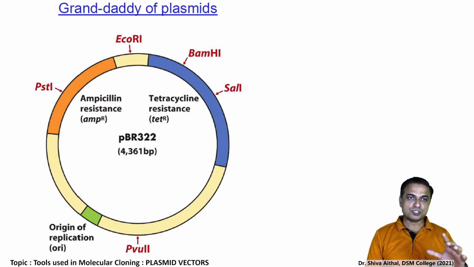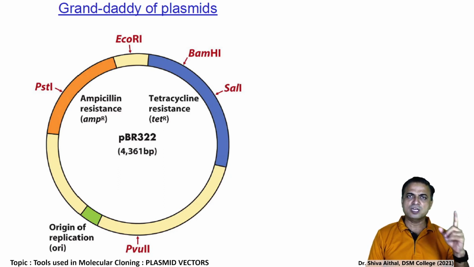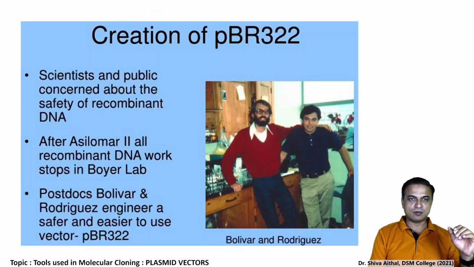There should not be a question about why this old plasmid, which is not in use, is kept in the curriculum or the syllabus. It is the granddaddy of all plasmids, the first plasmid to evolve, be used successfully, and carry out many recombinant DNA technology procedures. So we will see this as an example of an ideal vector for recombinant DNA technology.